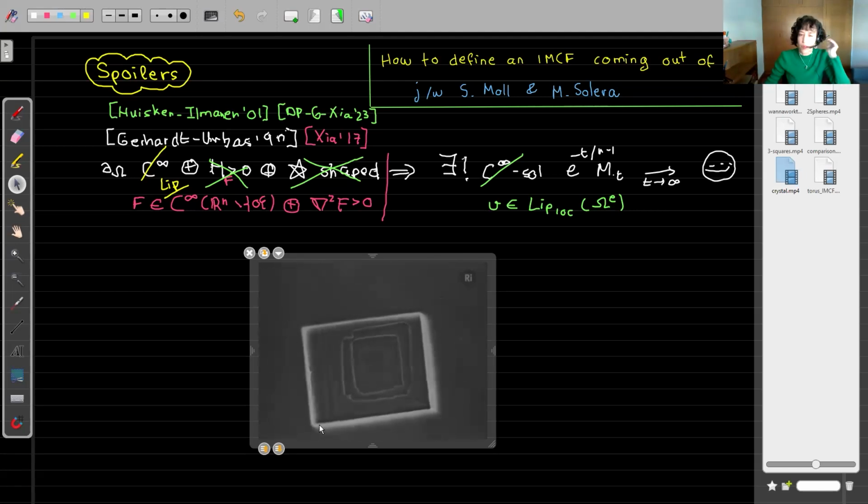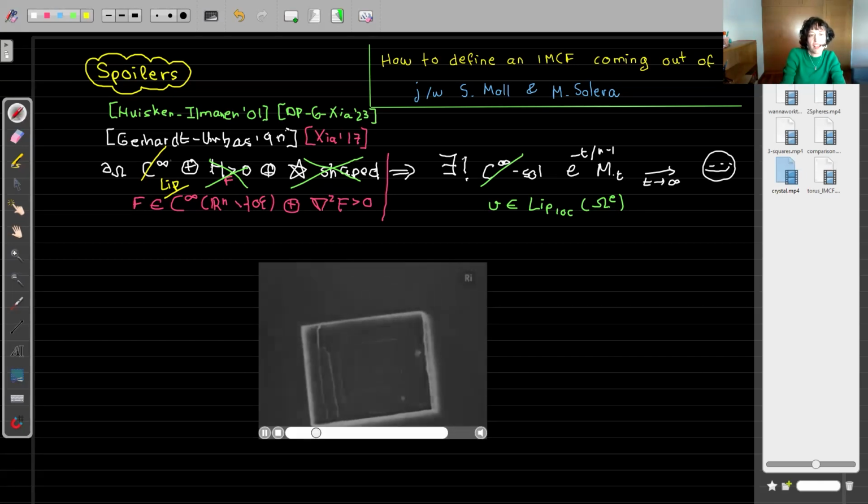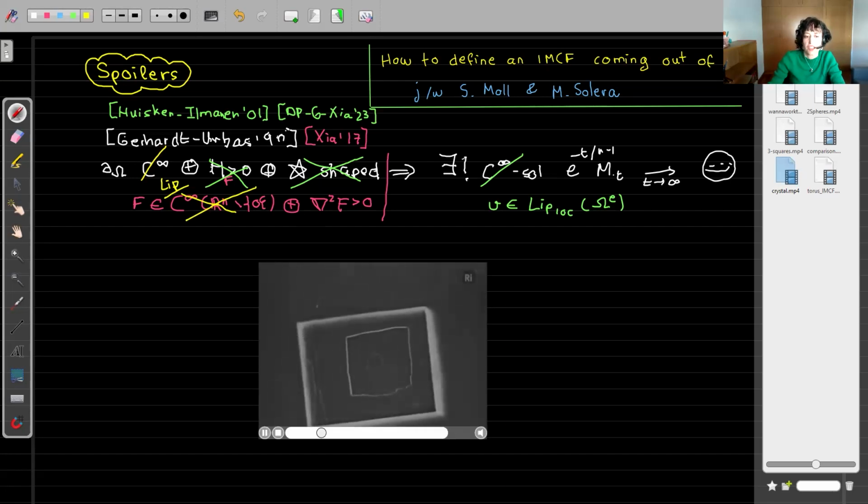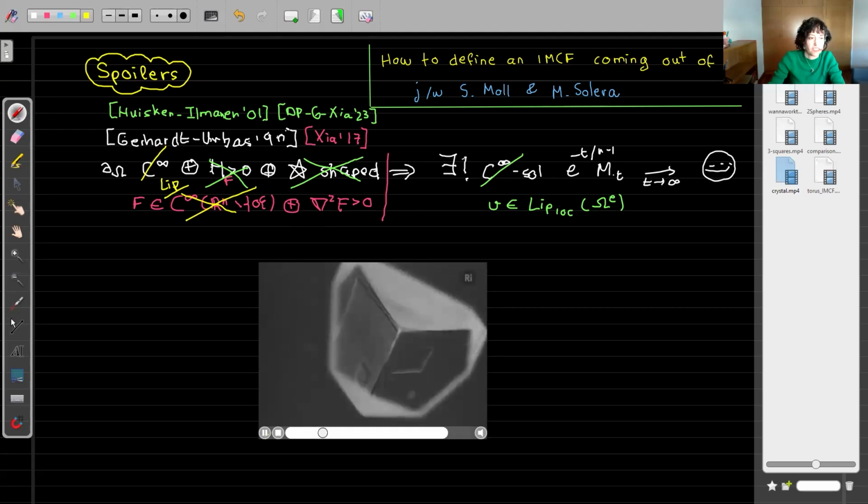Therefore, if we want to evolve a crystal, we are not allowed anymore to have any smoothness assumption on the norm. Let me stop that video now.